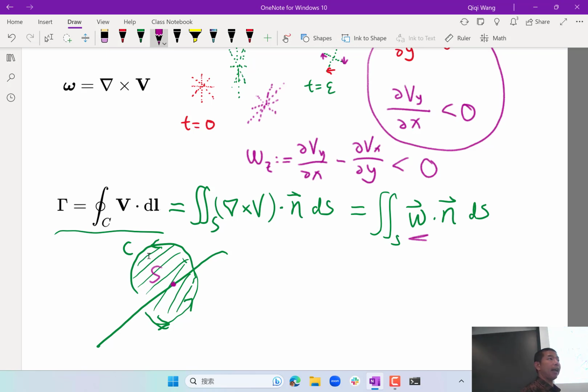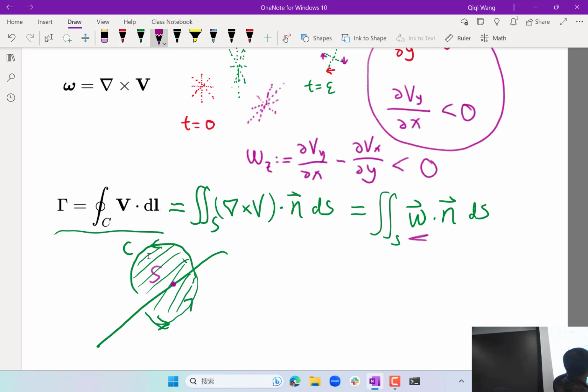All right. And another thing is that it also doesn't matter where the surface intersects with this vortex, because a vortex has no end, so it cannot end somewhere. It also cannot become weaker or stronger along its length, because this gamma is going to be the same.